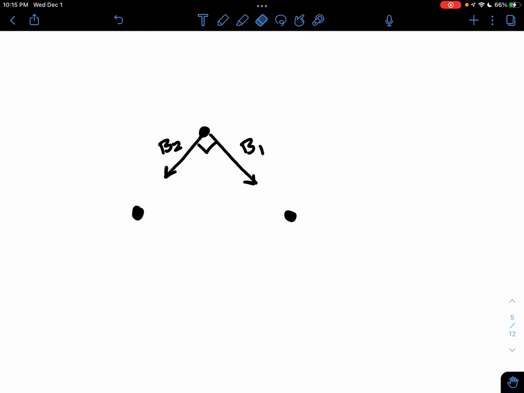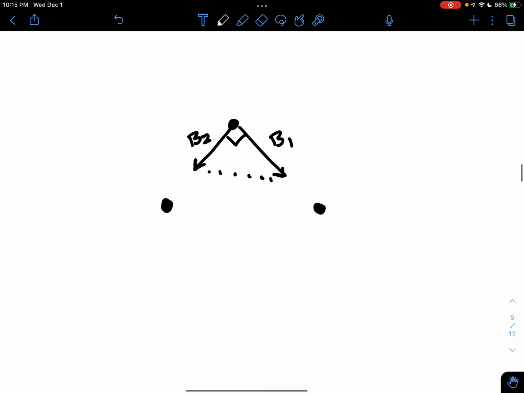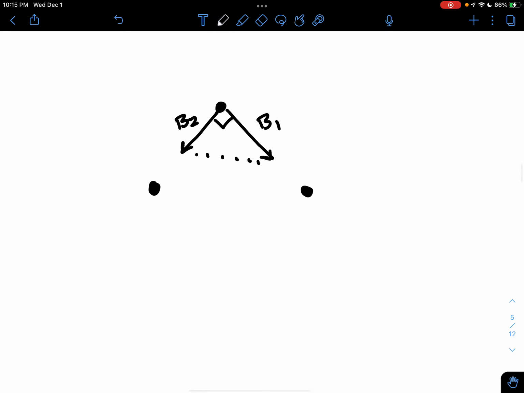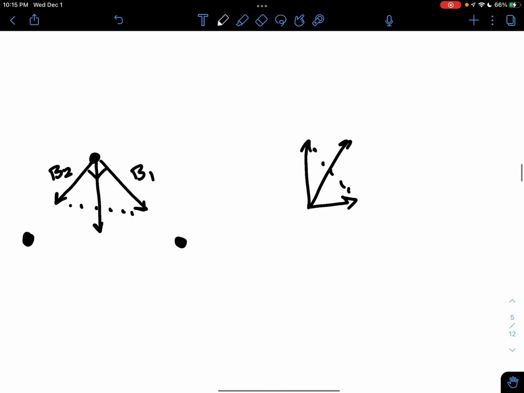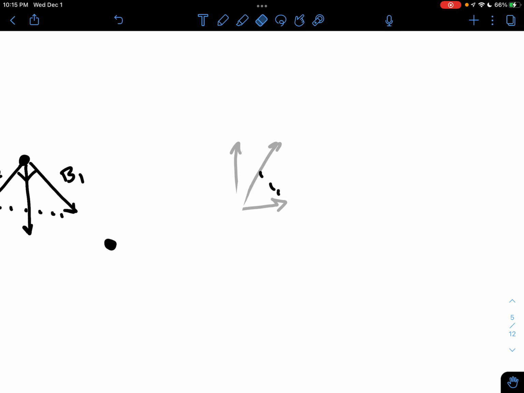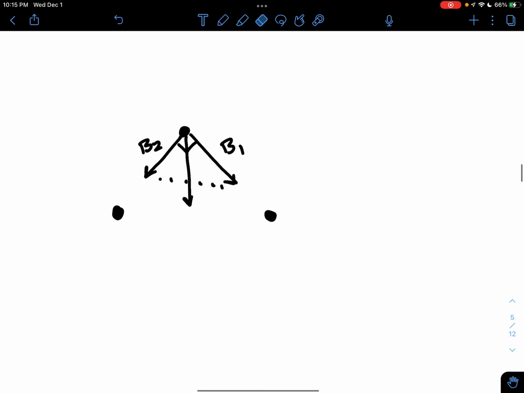Our B1 and B2, if we're trying to find how they add together, all we're doing is finding the hypotenuse of this triangle, the same way that if we had an x and a y direction, the hypotenuse is our net vector.